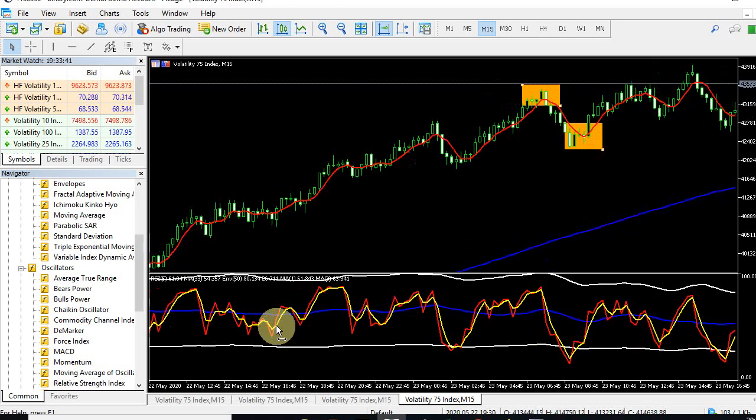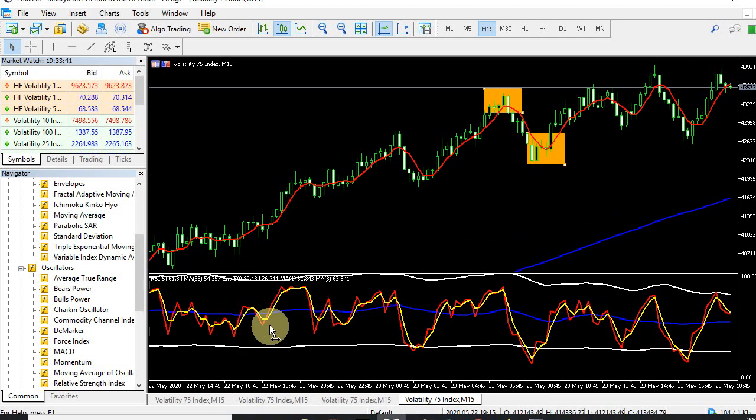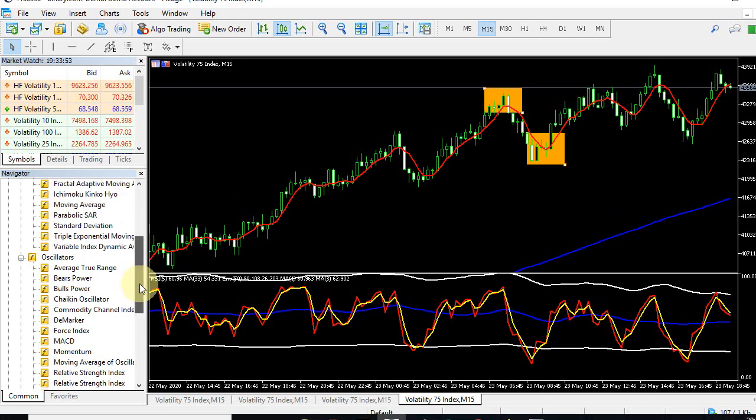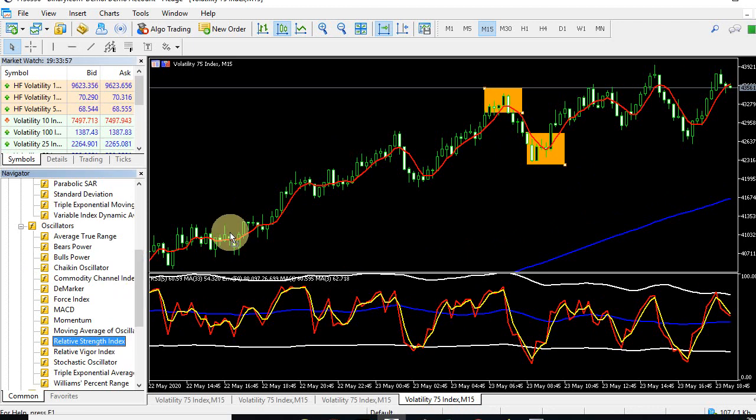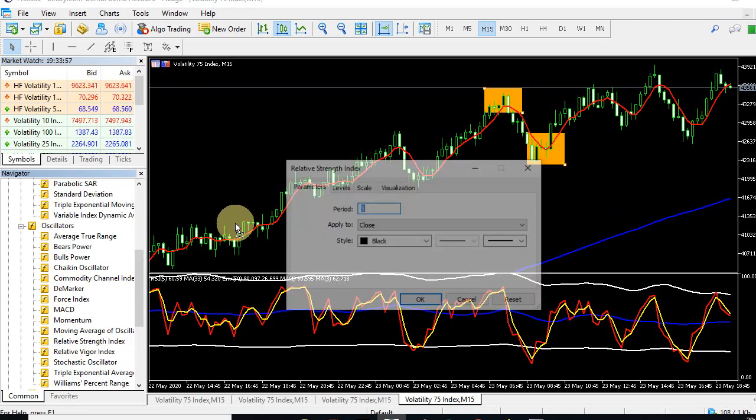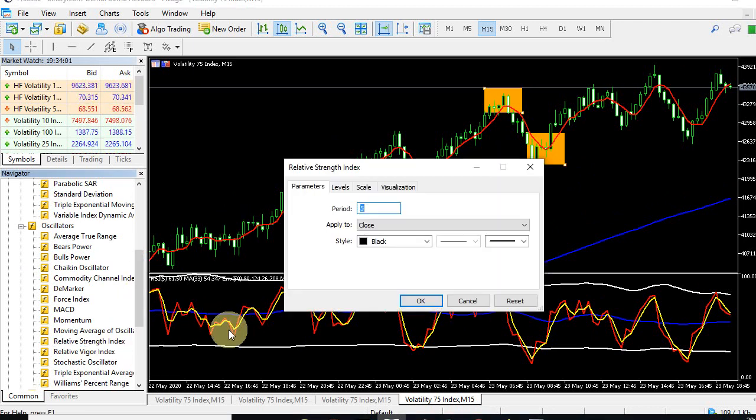It's time for us to now load the indicator window 2. So to load the indicator window 2, we'll load the relative strength index indicator on the main chart, not on the indicator window 1, but on the main chart. And we are going to change the settings.